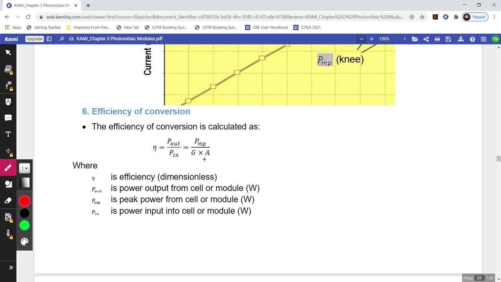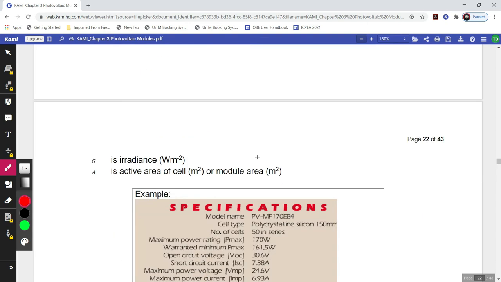Usually when we take this value of area, we exclude the frame of the PV module. PMP is the peak power from the cell or module. Pin is the power input into the cell or module, which is G, solar irradiance, multiplied with the area of the PV module.